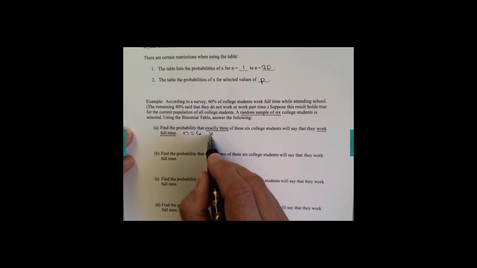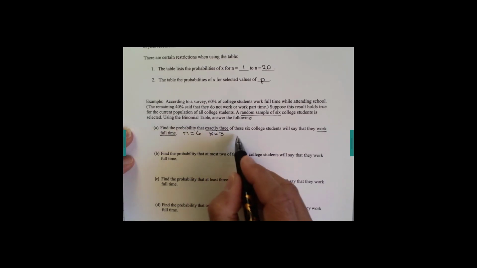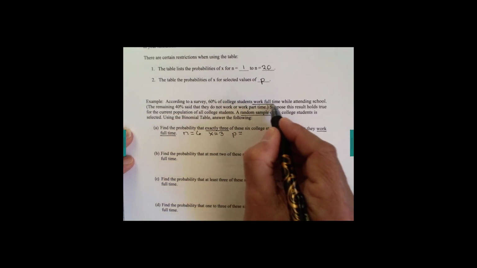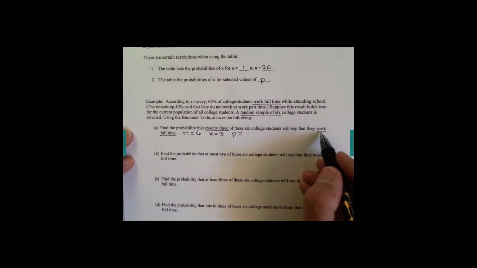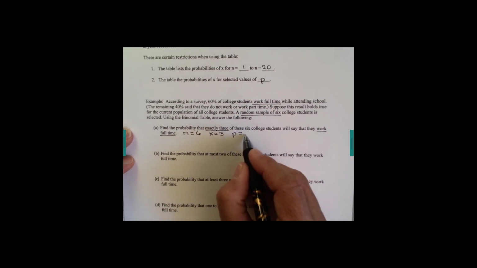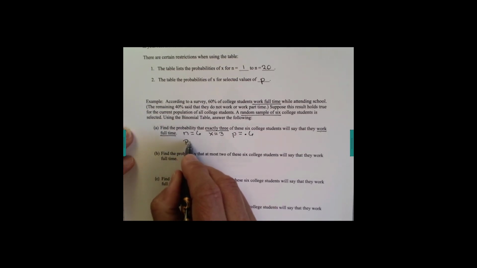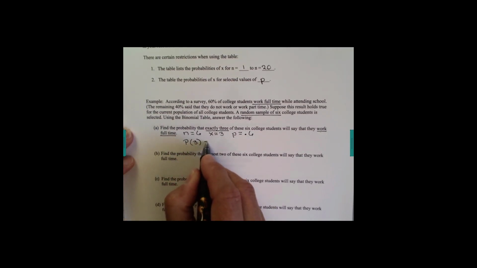Now I also need to know p. And p is the probability of working full-time. It does match what I've been asked in my question. So I can say p is 0.6. I realize when I'm looking at this that I have an n that's 20 or less. I have a p that is on my table. All I have to do is go and look it up, and I will have that probability. So I will know the probability of 3, and I'll write that down. Go ahead and look it up in your table.